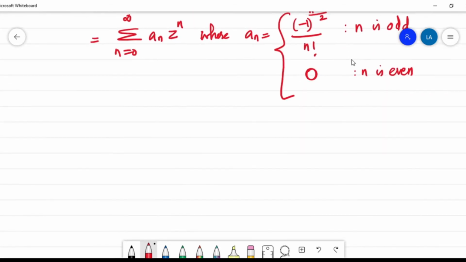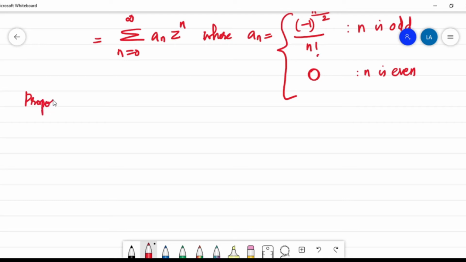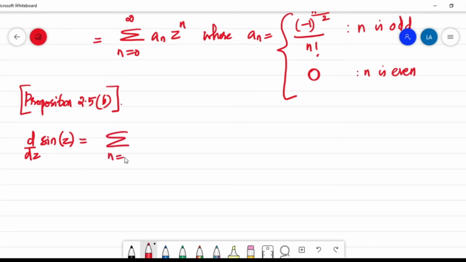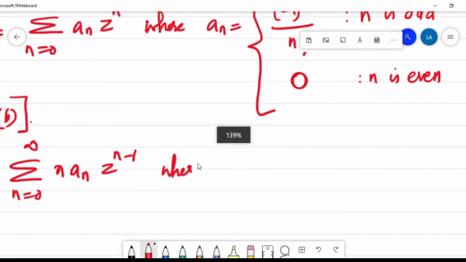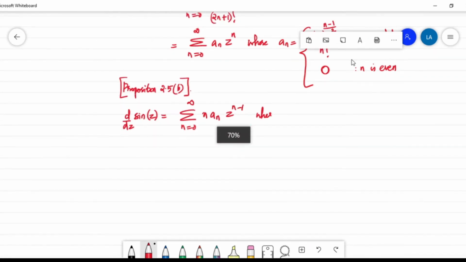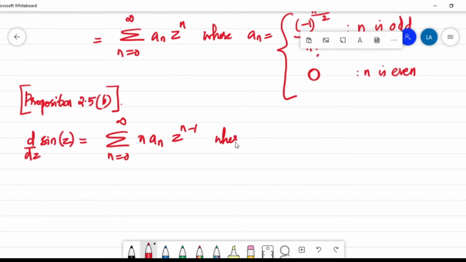Okay, now we are going to use the proposition 2.5b. The proposition says d by dz of the power series, which has a positive radius of convergence, is equal to summation n is equal to 0 to infinity n into a n into z raised to n minus 1, and here I am going to talk about our coefficient.